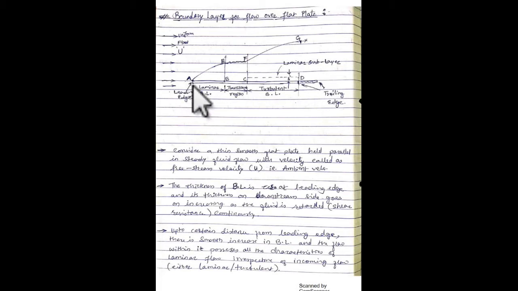At point A, that is the leading edge, there is more resistance to the layers of the fluid. The velocity over here is zero. But as we go further, the velocity keeps increasing, and at the trailing edge the velocity is more, and we can observe a more divergent section over here, that is the turbulent fluid.